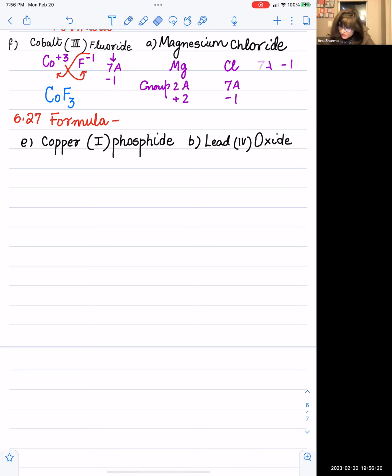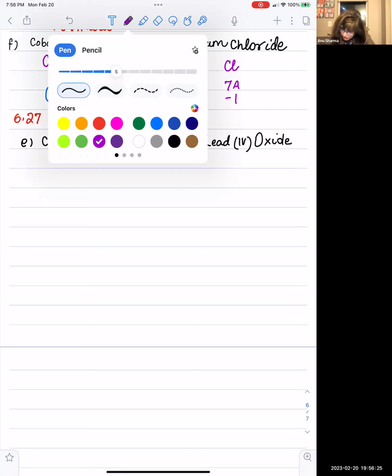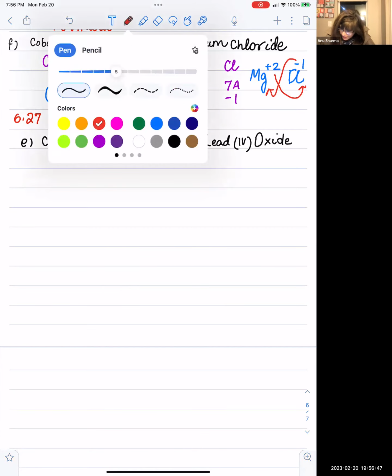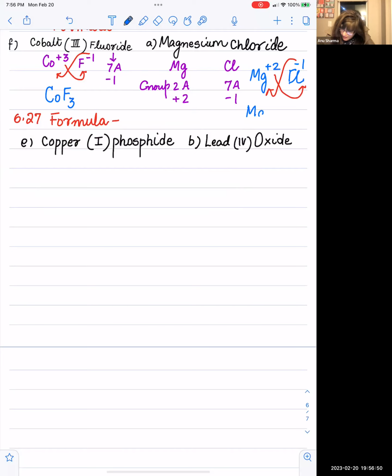These are all in tables, so you can capture this information. So here we have magnesium in the +2 state and chlorine in the -1 state. Now you crisscross. This number comes here and this number comes here. So what do you get here? You get MgCl2, magnesium chloride.